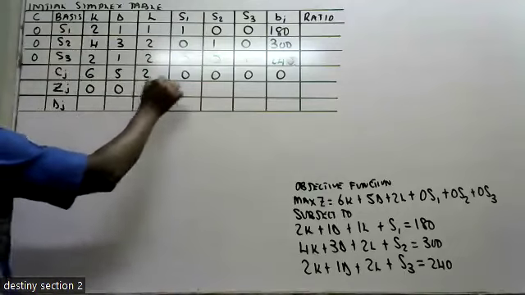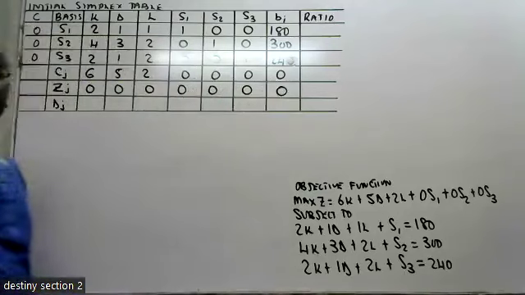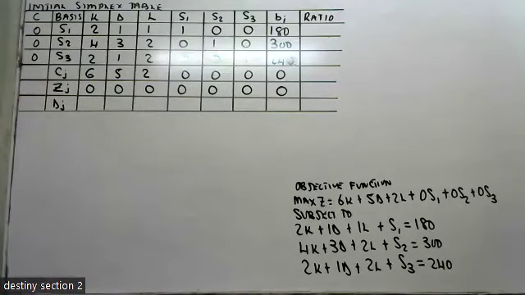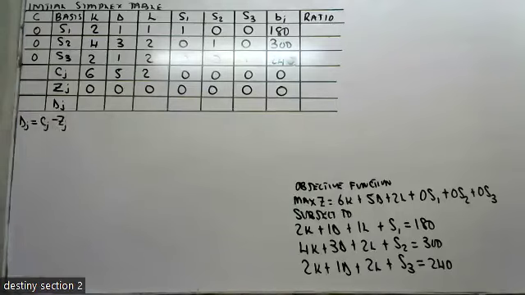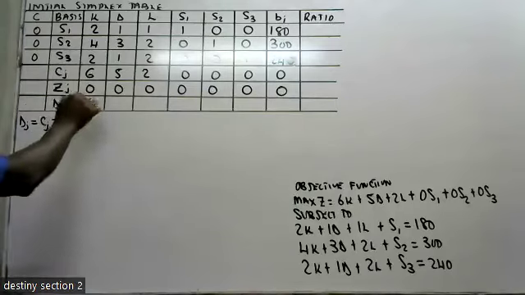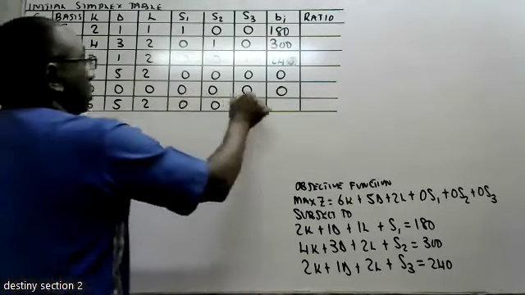So here we always record zeros, but in the next step, I will show you how we are getting those zeros. Then DJ is equal to CJ minus ZJ. So this will be 6, 5, 2, 0, 0, 0, 0.